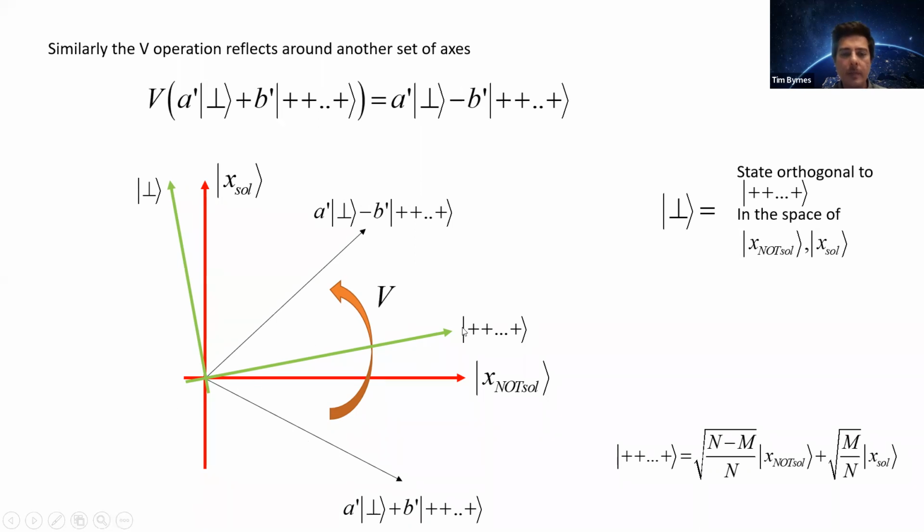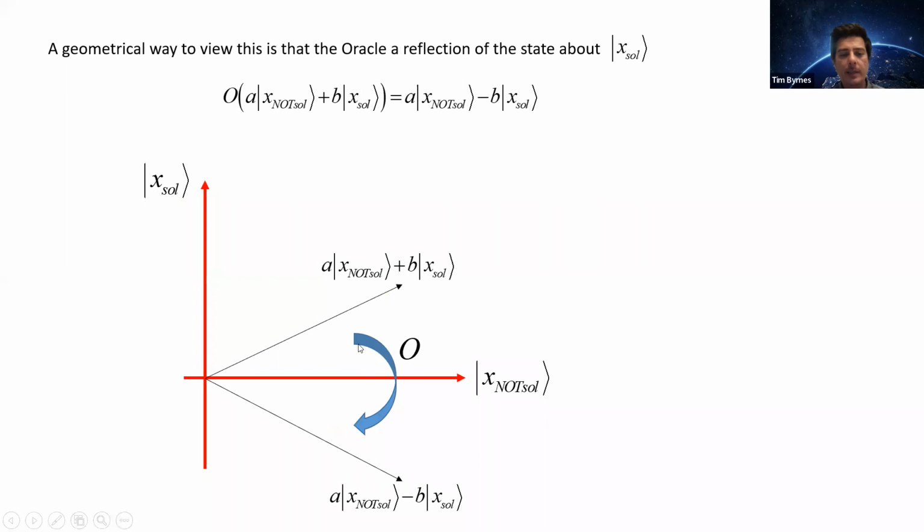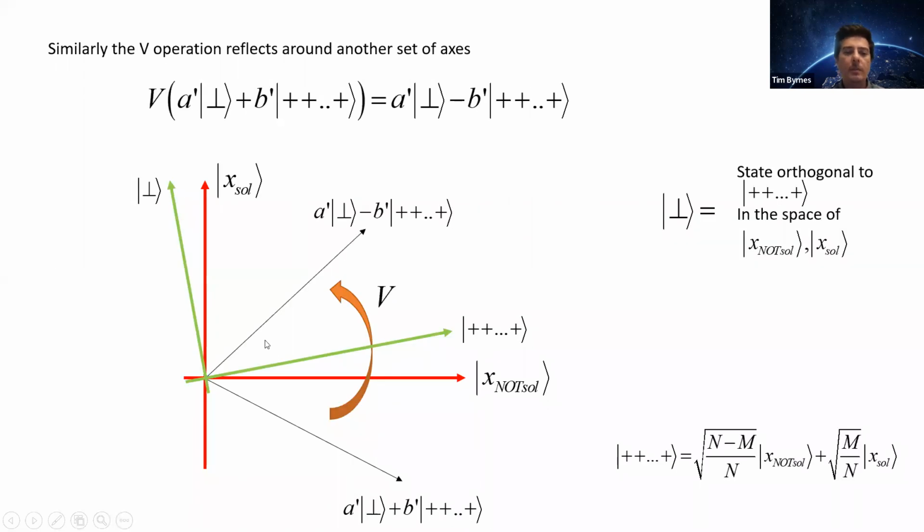The plus state plays the role of the not solution state that we had for the oracle. In the case of the oracle, we were doing a reflection around not sol, and for V, we're performing a reflection around the plus state.